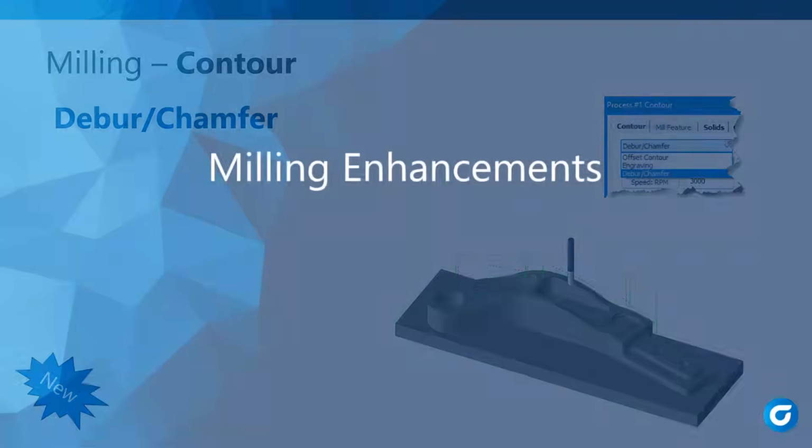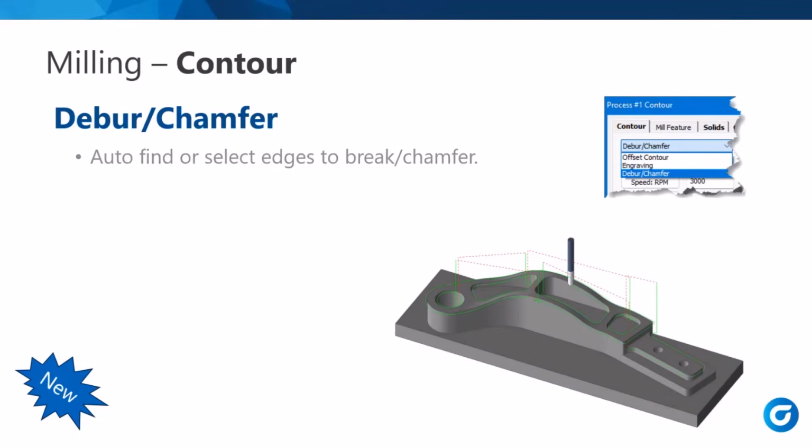All right, let's look at some milling enhancements. This is a good one. I've shown this at some shows and rollouts, and everyone is very interested in this. We've added a new Deburr chamfer process, if you will, to the contour process. It will automatically find edges, or you can select them.